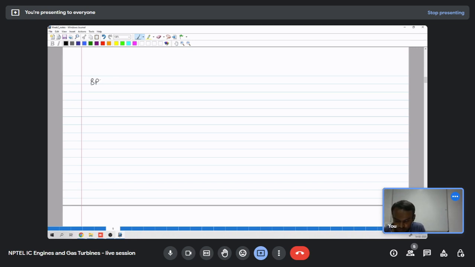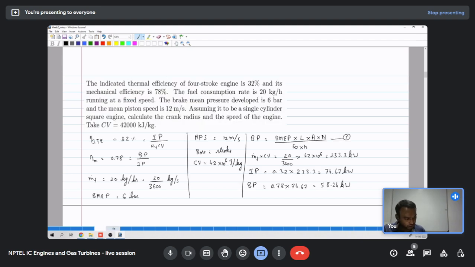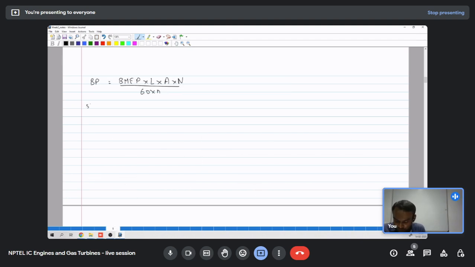Brake power is equal to BMEP into L into A into N by 60 into small n. So here brake power is 58.24. Writing everything in SI units, converting kilowatt to watts, I will have 10 power 3, and BMEP is said to be 6 bar, so that is 6 into 10 power 5 pascals in SI units.